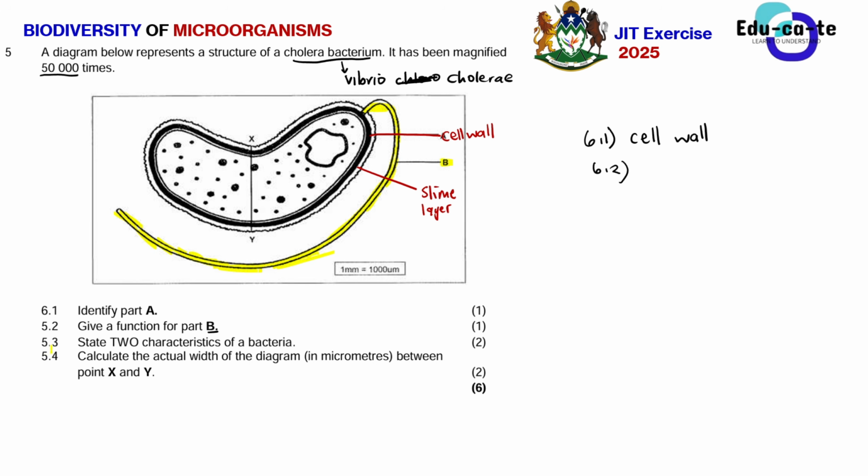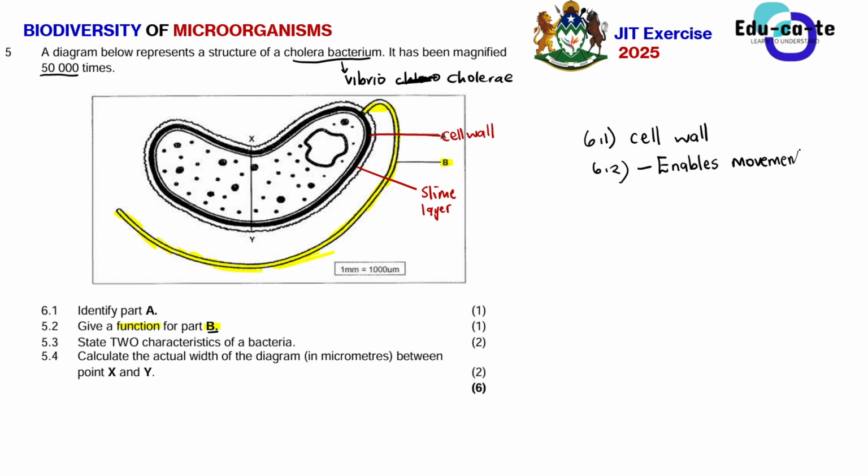But the question didn't say they want the label per se. They didn't say we should identify the part, yet they say we should give a function for part B. We know that the flagellum is responsible for locomotion or movement of the bacteria. So it allows the bacteria to move, or you can say it enables movement of the bacterium.